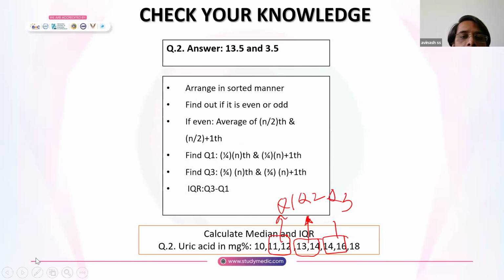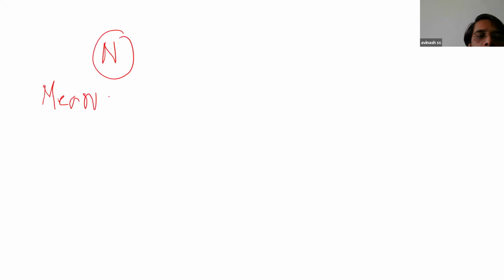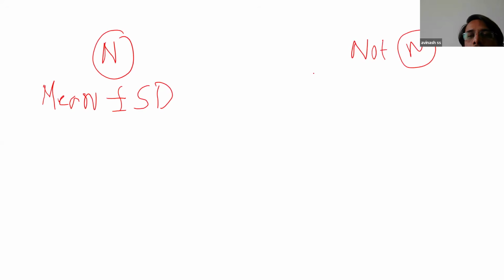Okay. So to summarize, we found out that when the data set is normally distributed, we use mean along with standard deviation. Okay, when the data set is not normally distributed, we use median along with interquartile range.